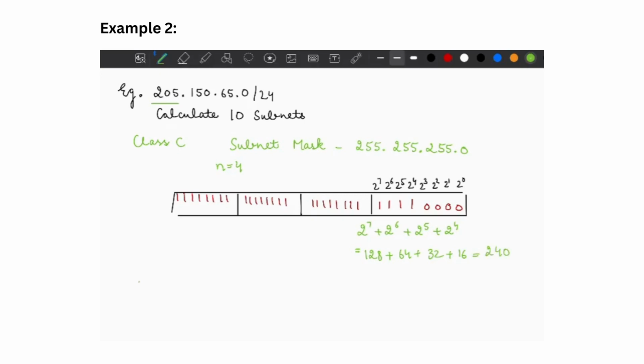So the new subnet mask, or the correct subnet mask for this IP address we just calculated is 255.255.255.240, slash 28, because we have calculated 4 network bits, so 24 plus 4 will be 28.